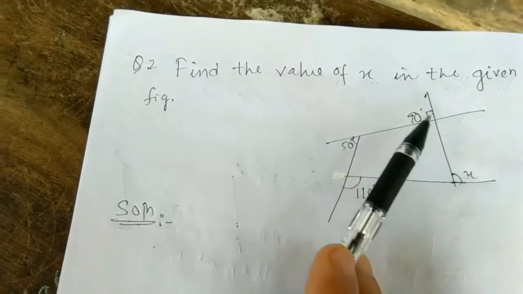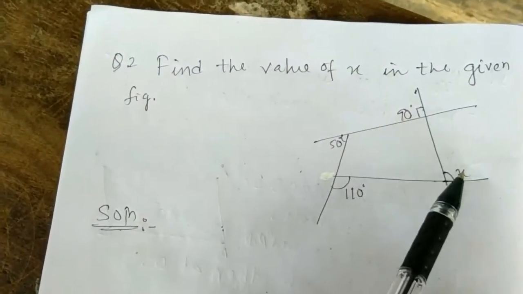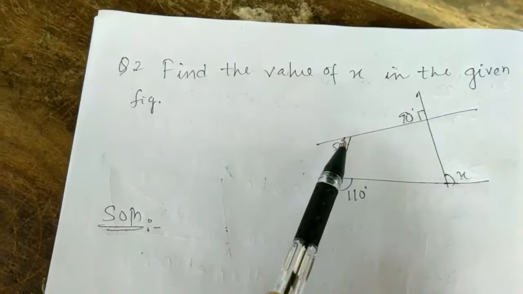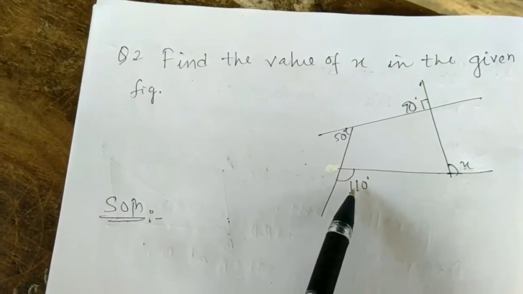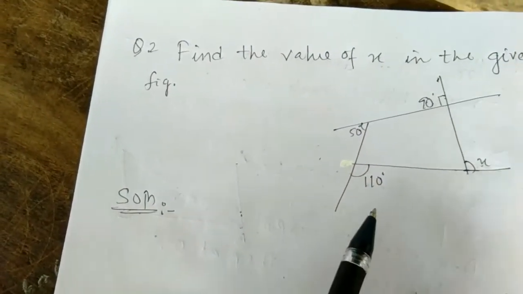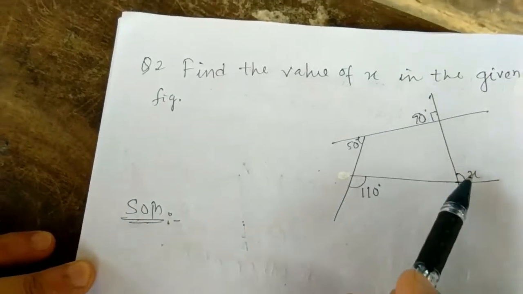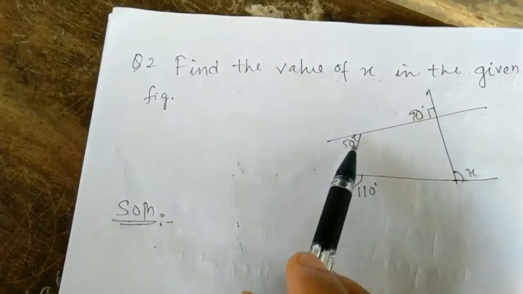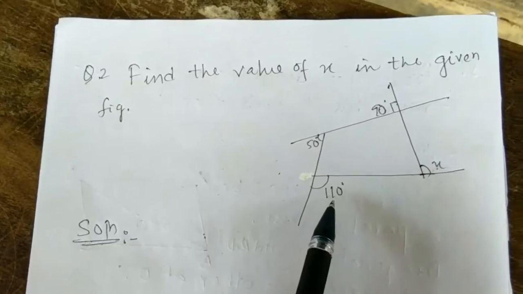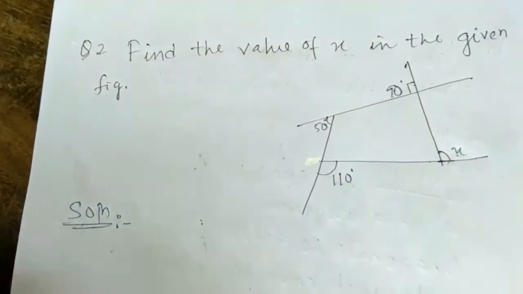Exterior means outside. So angle x plus angle 90 plus angle 50 plus angle 110 degree will be always equal to 360 degree.